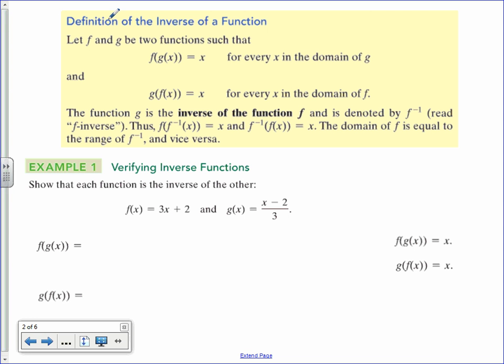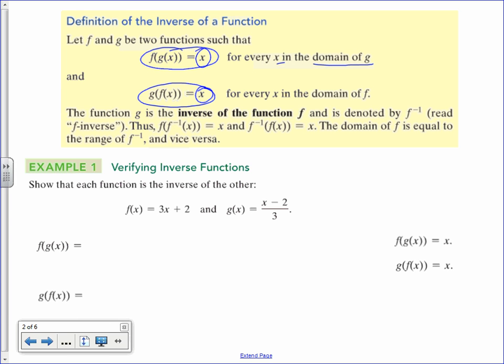And we have here the definition of the inverse of a function. We start with: let f and g be two functions such that f composed with g gives you x for every x in the domain of g. And if we do it the other way, g composed with f, we also get x.